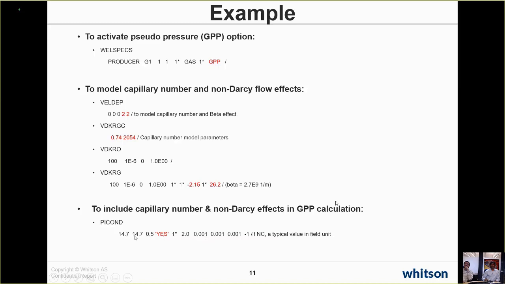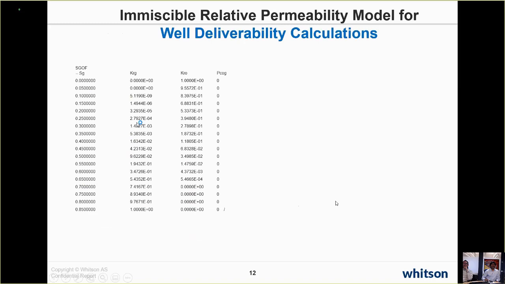But generally, we have found that if we write 1 atmosphere instead of 4 atmosphere for the integral table, then we get consistent results and there is no problem. And of course, we have to enter this base curve or immiscible curve, the raw curve, and then we define it with HGOF and write it here.